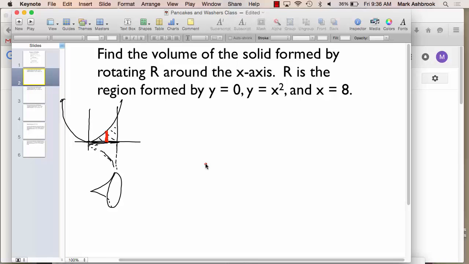Okay, there's our typical strip. Now I'm going to take that strip and rotate it the same way. What will I get when I take the strip and revolve it the same way I revolve the whole region? What's that going to form? Right.